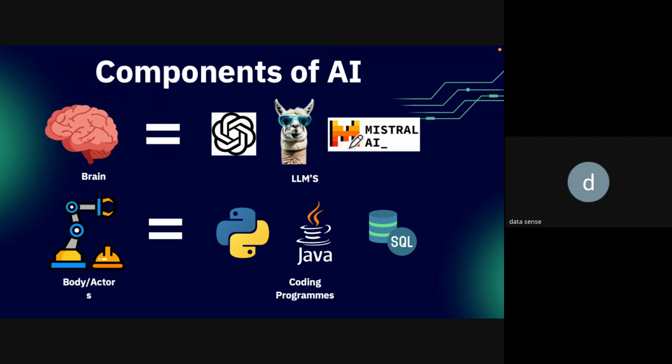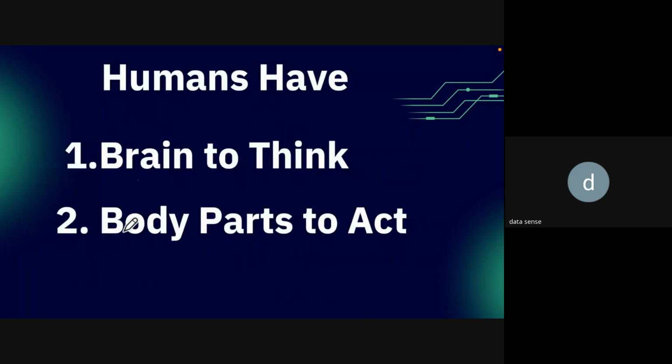A software has different codes, correct? So what does the LLM do? The LLM decides, based on a situation, which code to run. So in a human, the brain is your brain and body parts are your agents, right? If you compare this to a software, the brain becomes your LLM and the body parts of any software become codes.